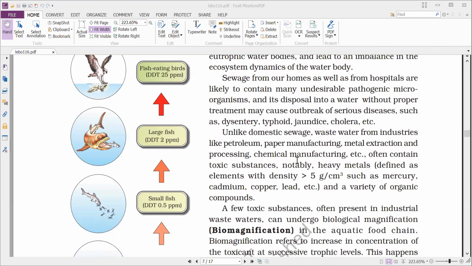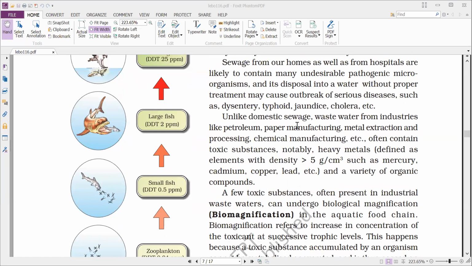Unlike domestic sewage, wastewater from industries like petroleum, paper manufacturing, metal extraction and processing, chemical manufacturing, etc., often contains toxic substances, notably heavy metals, defined as elements with a density more than 5 grams per centimeter cube, such as mercury, cadmium, copper, lead, etc., and a variety of organic compounds.